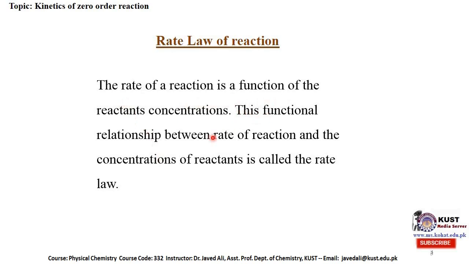This functional relation between the rate of reaction and the concentration of reactant is called the rate law, which can be represented by this equation: minus dA divided by dt is equal to Ka, where A is the concentration of reactant, K is the rate constant. Minus dA divided by dt represents the decrease in concentration of reactant. So this equation is known as the rate law or rate expression.